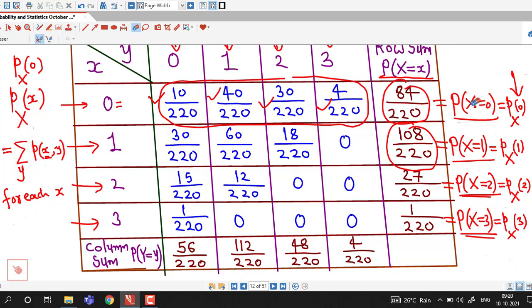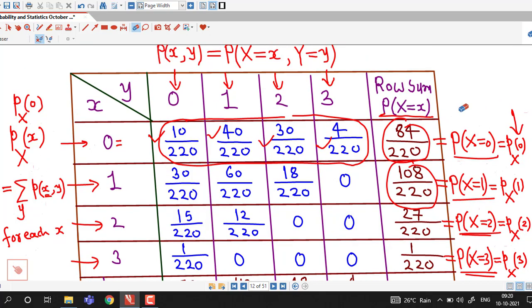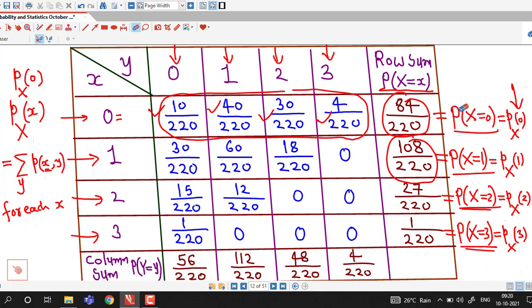Now the same thing for the marginal probability function of y. Suppose instead of small x we are interested in the marginal probability mass function of random variable y, then we fix y here and we take the summation over all possible values of x.